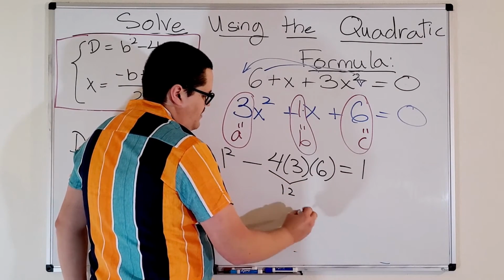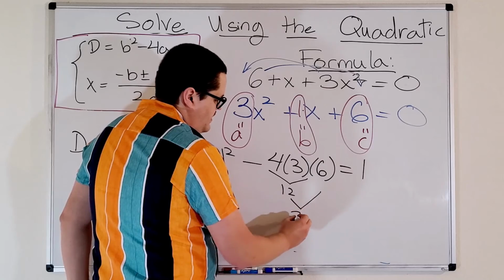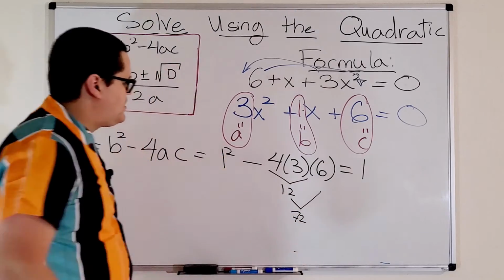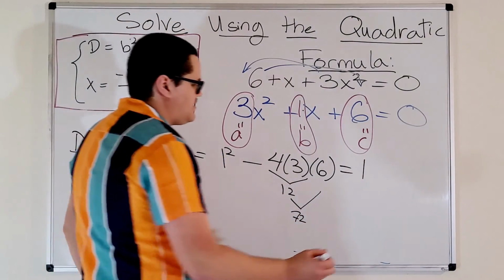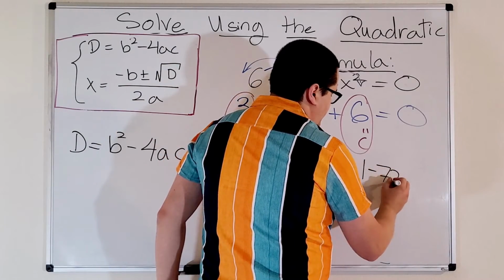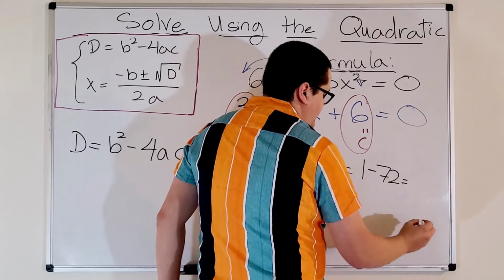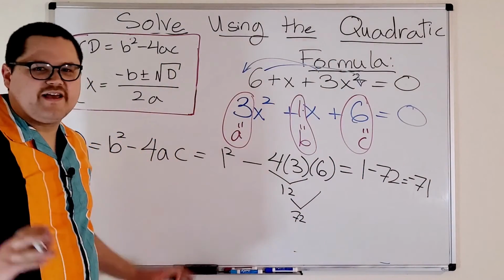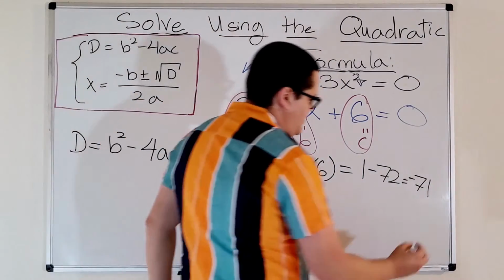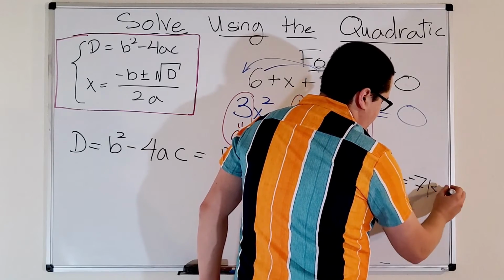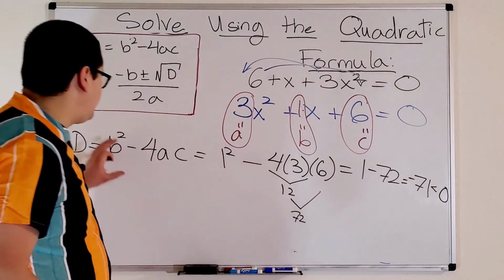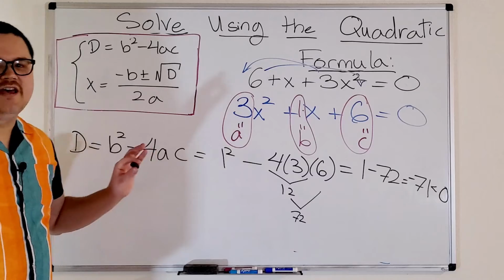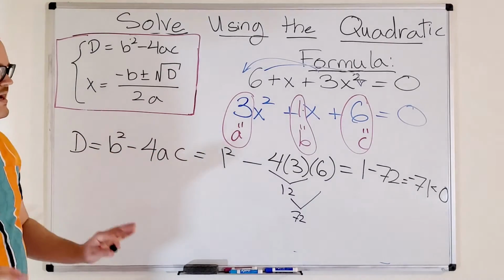So we would have 12 times 6 is 72. So we have 1 minus 72 is negative 71. Now negative 71 is less than 0. So when our discriminant is less than 0, it tells us that we have two complex roots.